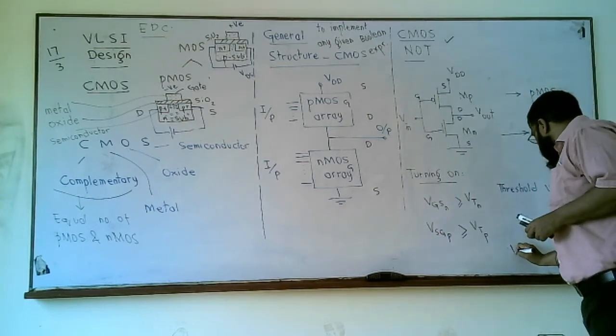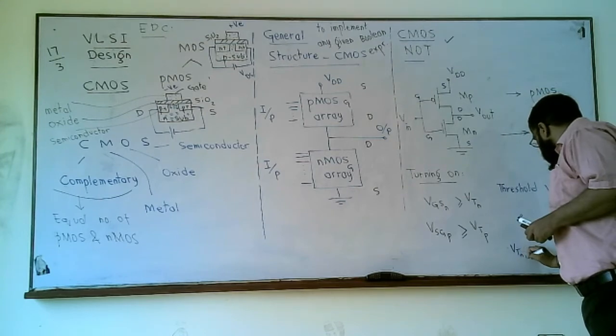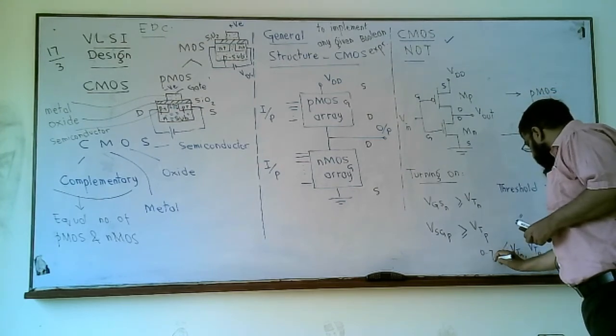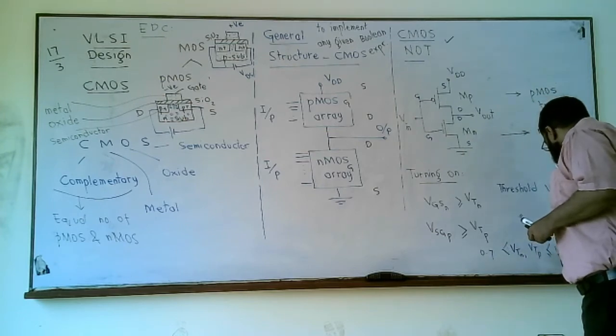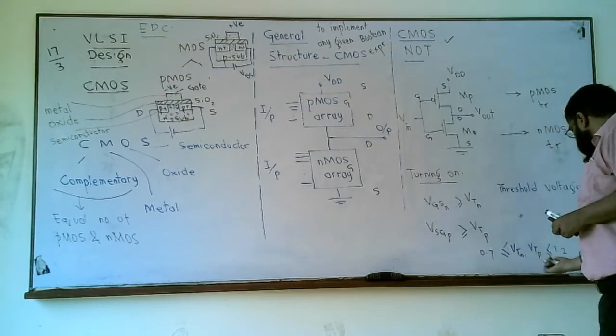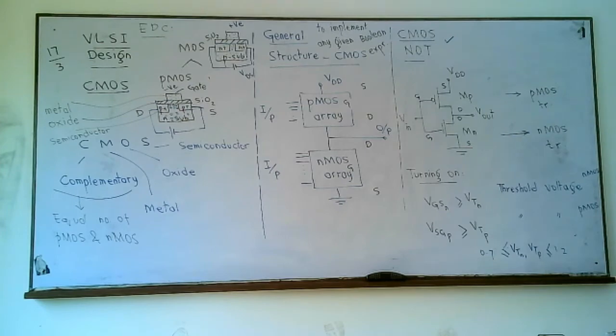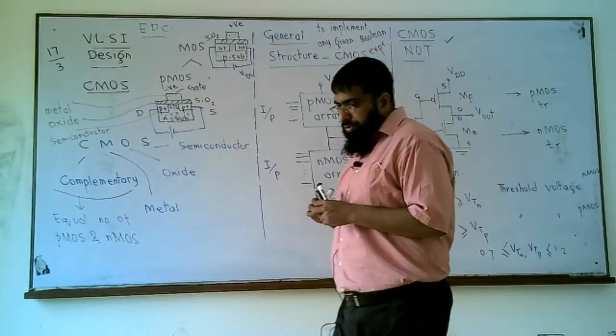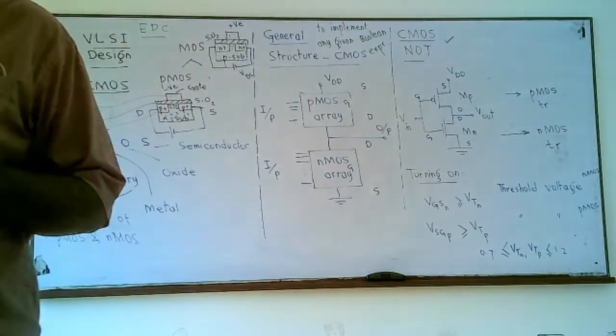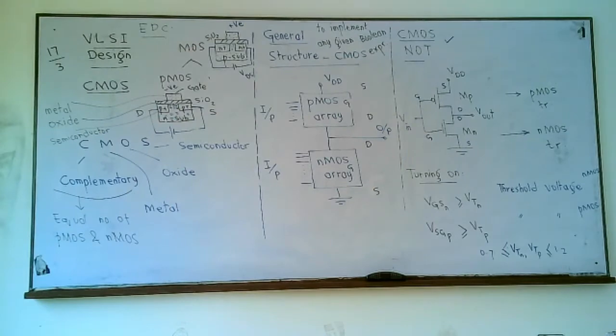VTN and VTP both are around 0.7 to 1.2, so their values range from 0.7 to 1.2.